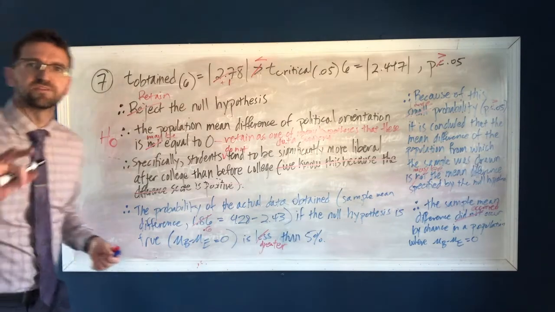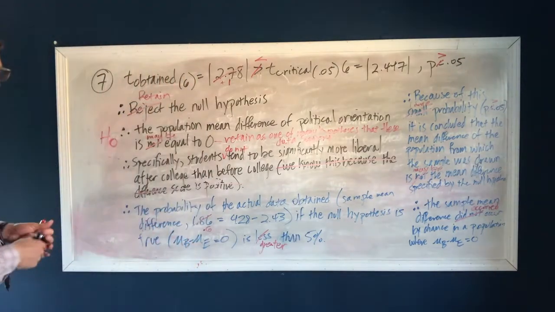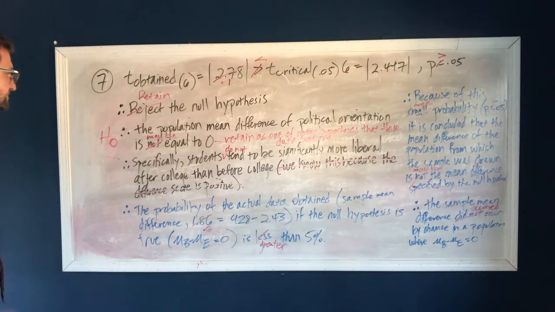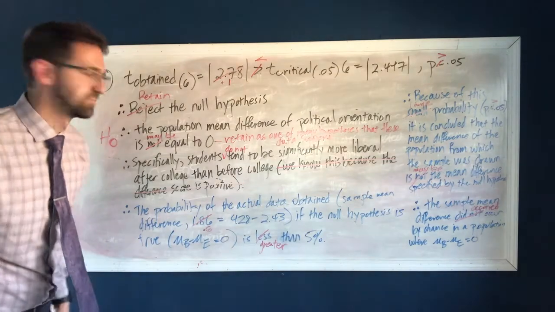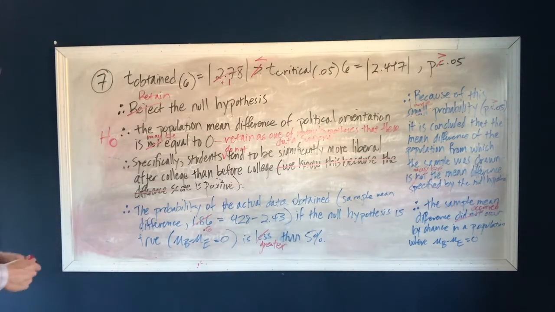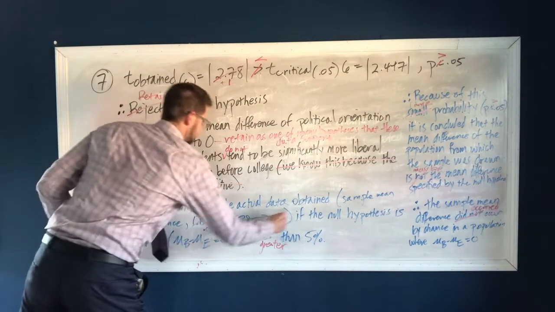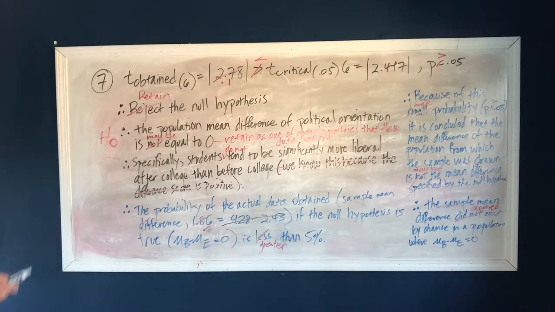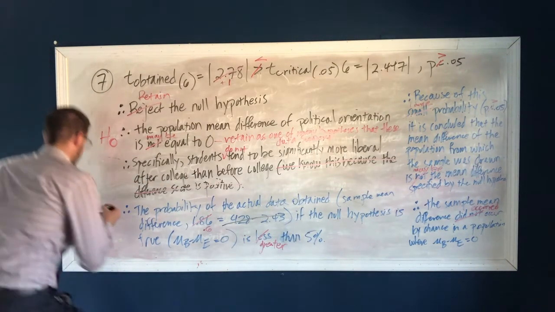Let's go a little further. I'll take you a little further. Let's draw our pictures again. The probability of the actual data obtained, okay, let's say we had a sample mean difference of 0.6. If the null hypothesis is true, okay, it is greater than 0.05.